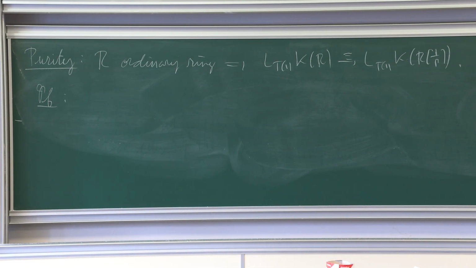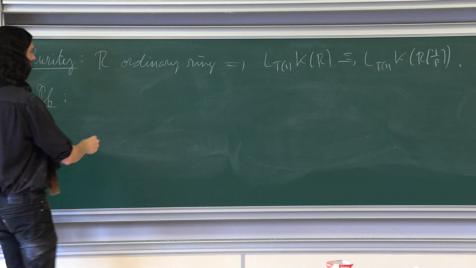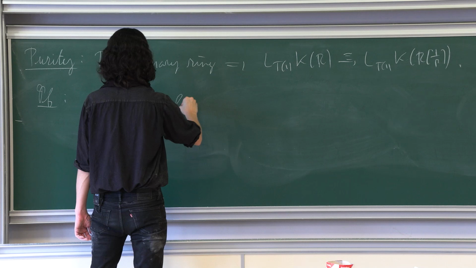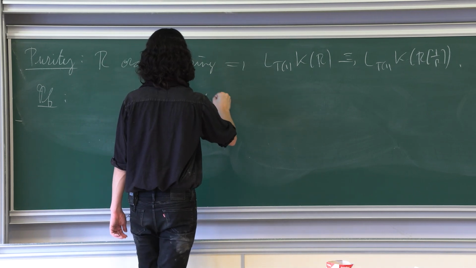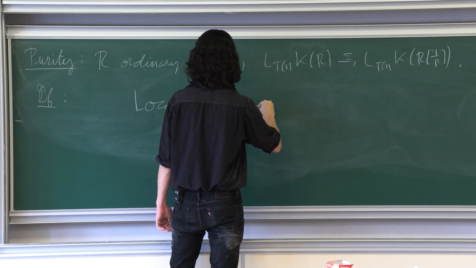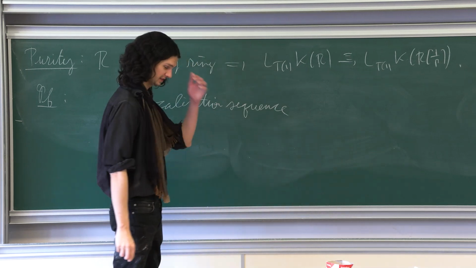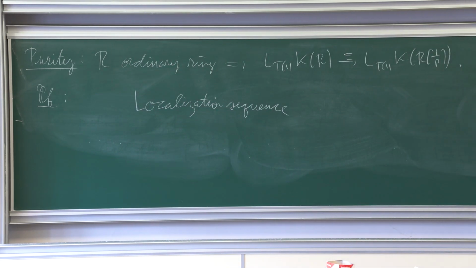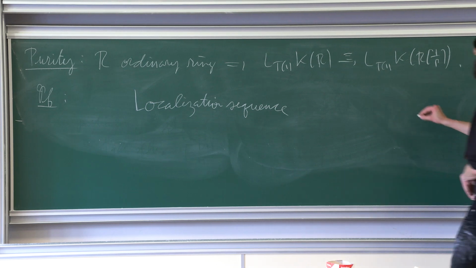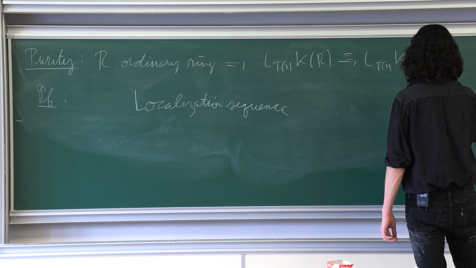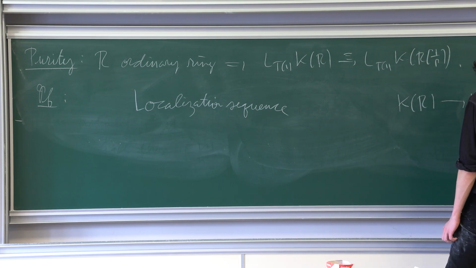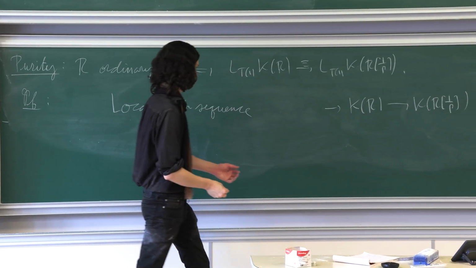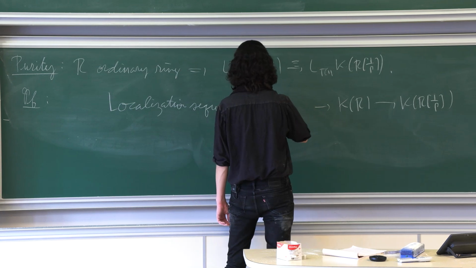So how do you prove something like this? The first step is to use a localization sequence. And here you kind of have to pass to the perfect complex world in order to get a completely generally valid localization sequence. What you get is that for K of R[1/p], you can identify the fiber of this map also as the K-theory of something.